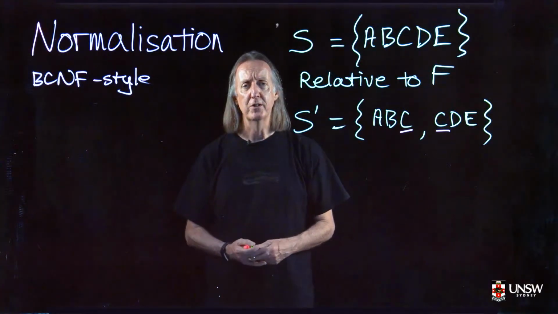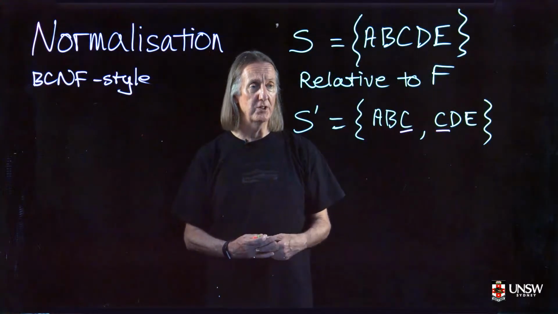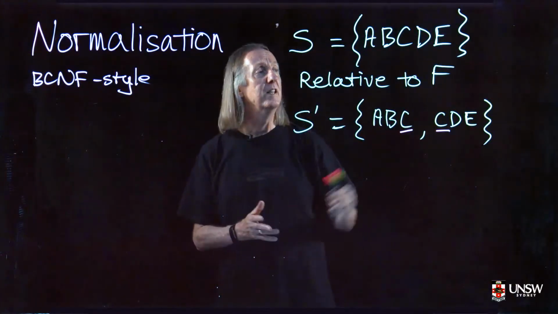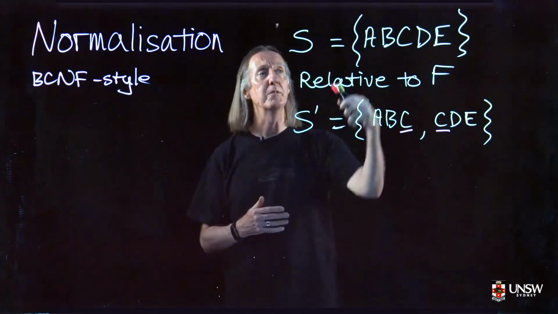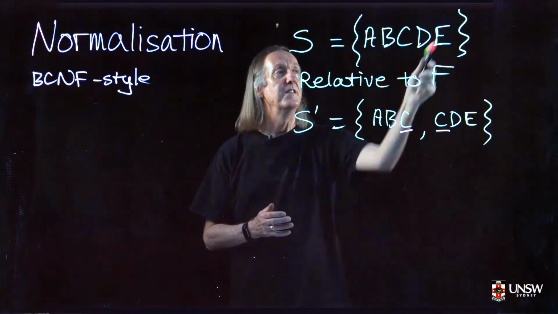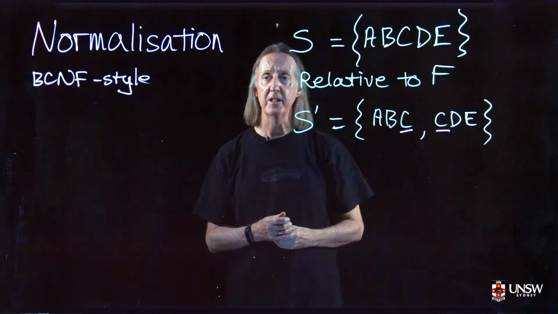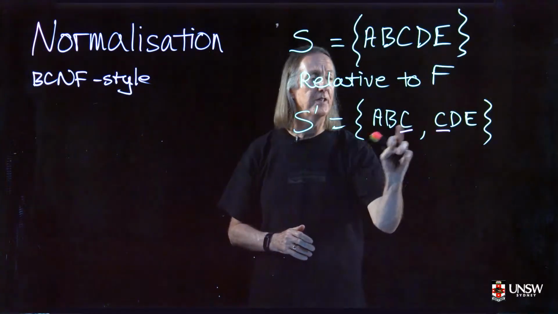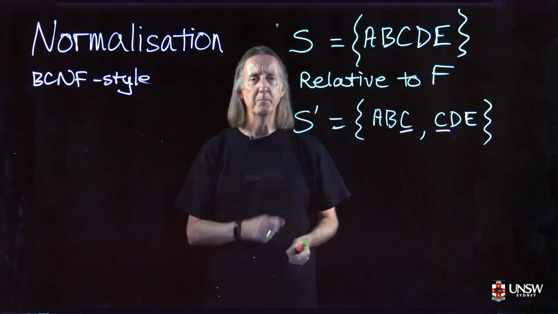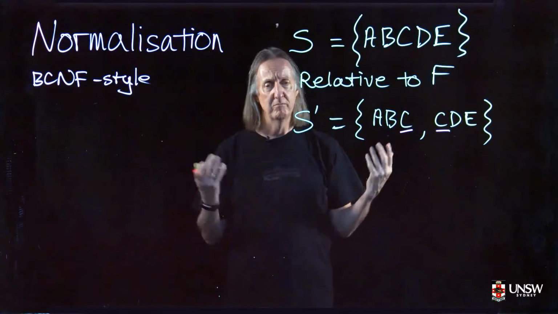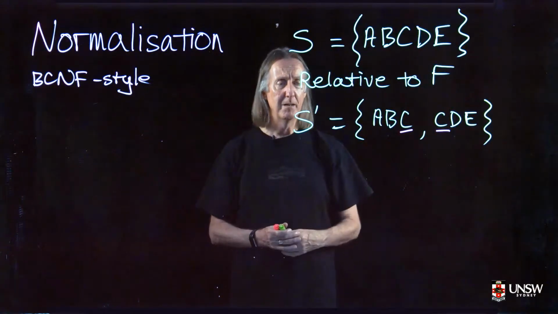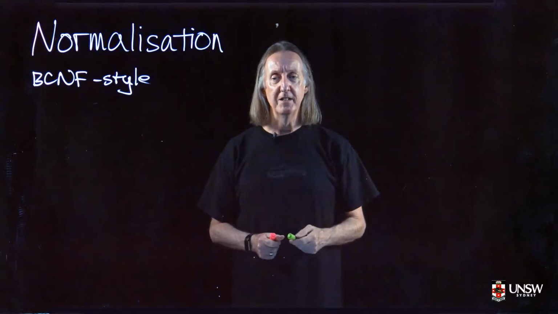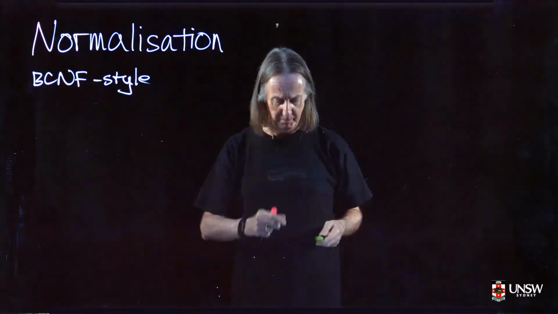That notion is called lossless decomposition. So here we started with a schema with a single table in, and a set of functional dependencies. We decided that this table wasn't in BCNF, so we broke the schema into two separate tables, and if each of these tables is in BCNF, then we're done. We've created a BCNF schema. So that's how we can decompose a schema, a very simple example.